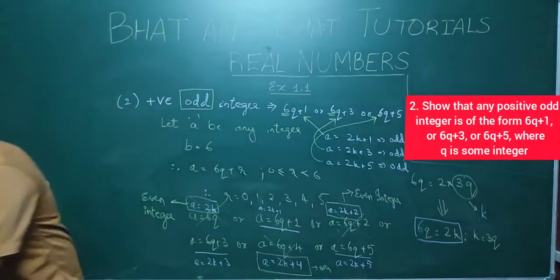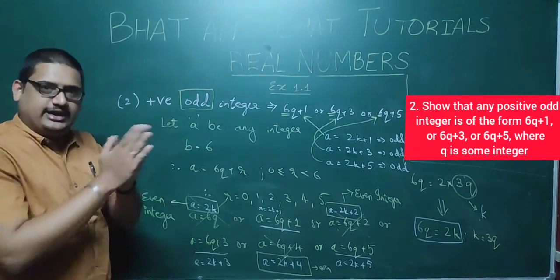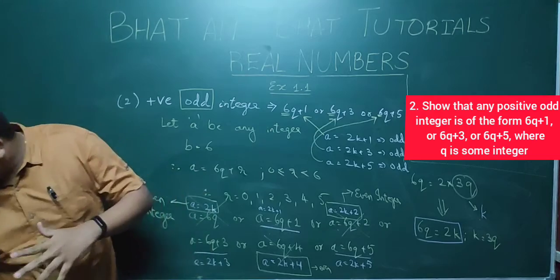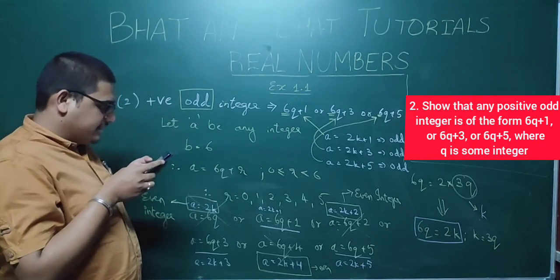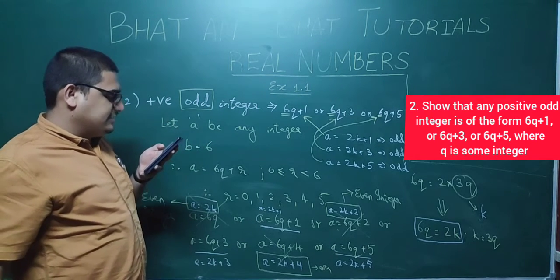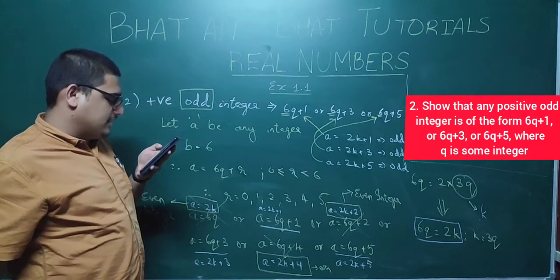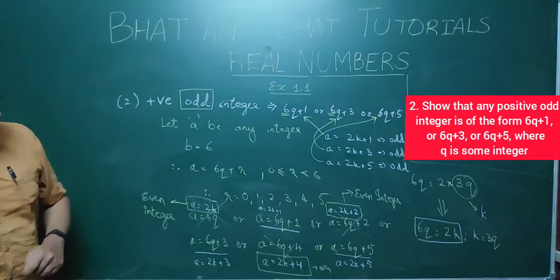Let me just quickly revise this. Okay, quite an important question. So the question says, as you can observe on the board also, show that any positive odd integer is of the form 6q plus 1 or 6q plus 3 or 6q plus 5. So what is the procedure that we followed?